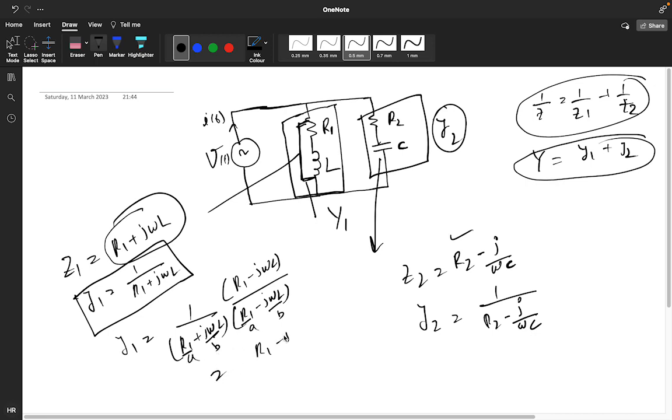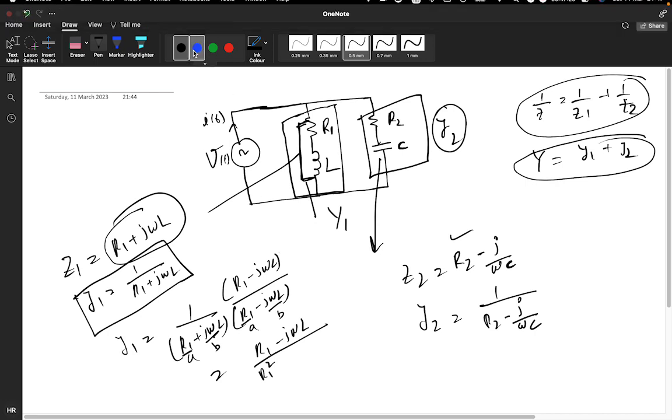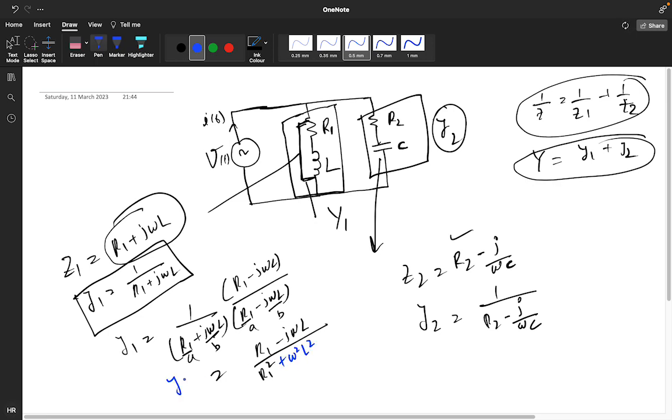R1 minus j omega L divided by a square, that will be R1 square only. j square will give you minus, so minus will become plus, so omega square L square. We are doing rationalization, nothing else. So R1 square plus omega square L square. So Y1 value you are getting this.